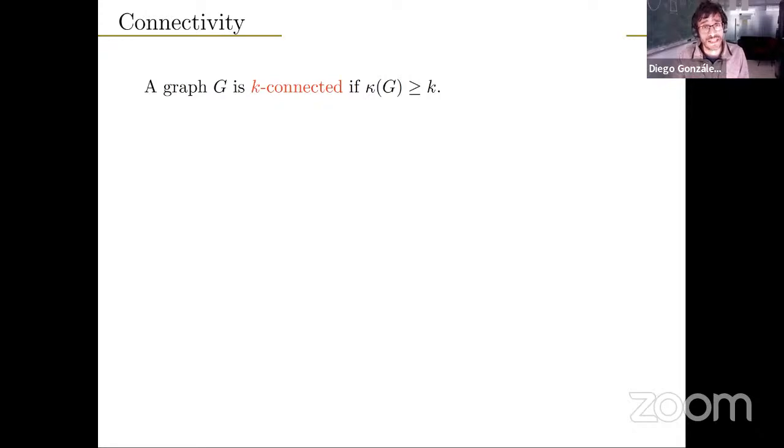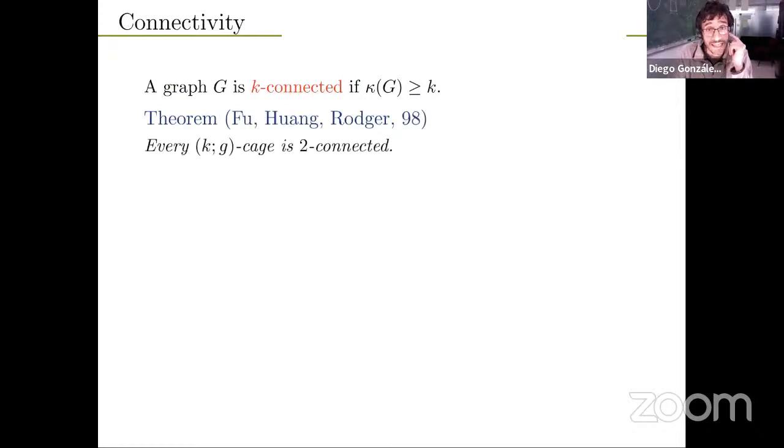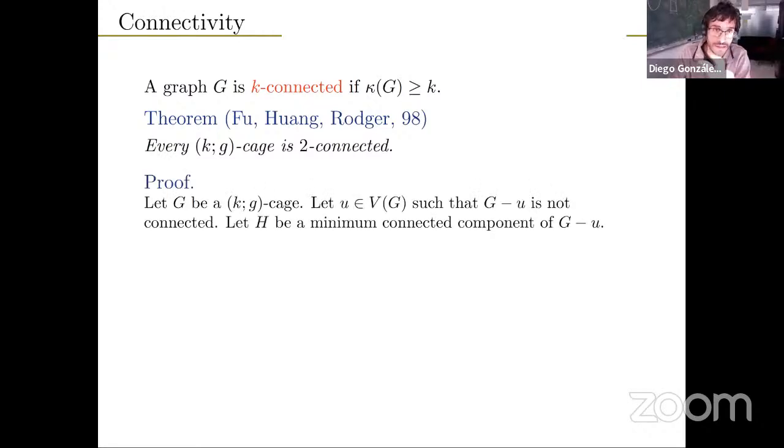Recall that a graph G is k-connected if it has connectivity at least k. That is, I need to delete at least k vertices to disconnect the graph. In 1998, Fu, Wang, and Rodger proved that every k-g cage is two-connected, and they use the monotonicity theorem. I'm going to show again just the sketch of the proof.